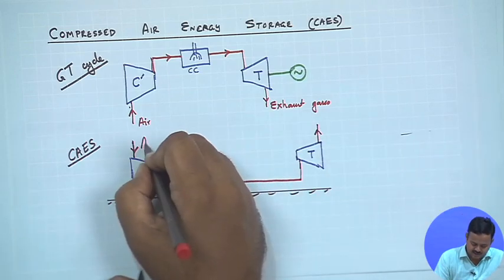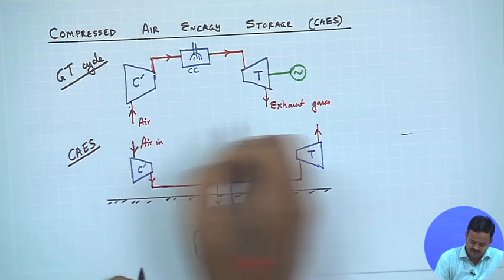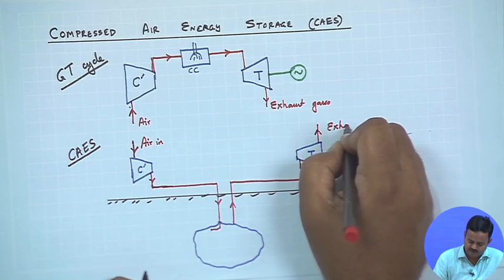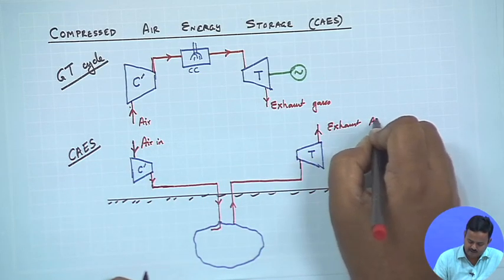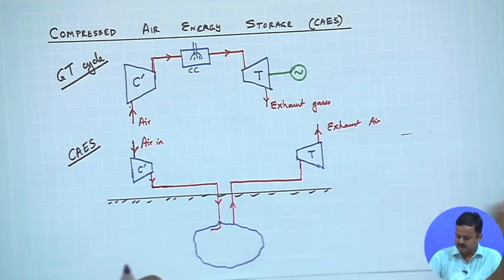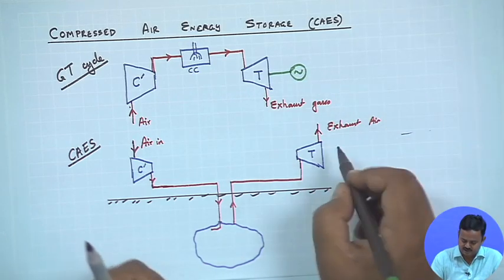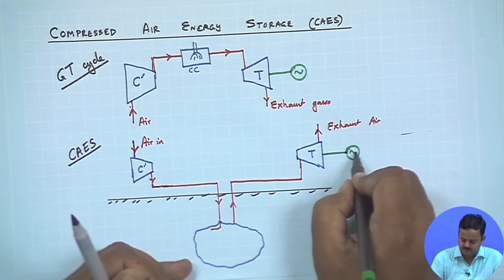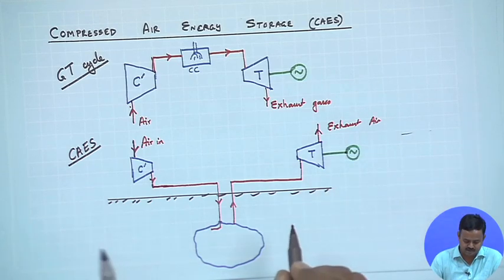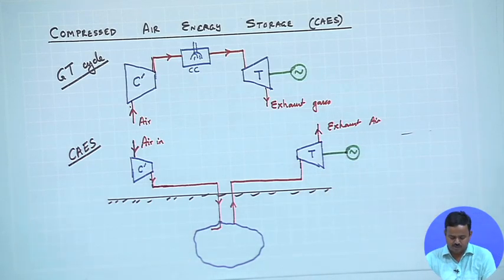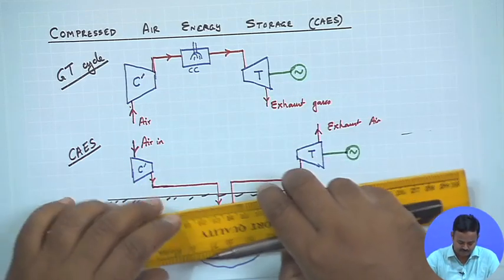So, this is air in, this is exhaust air, all right, and as before, this is where I am going to generate the electricity. Let us draw a few more appendages.